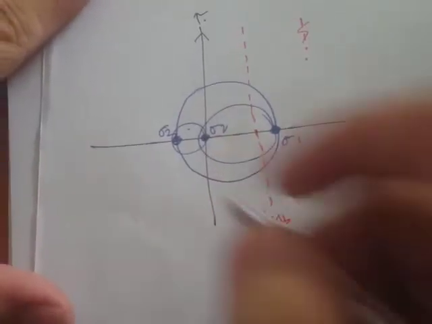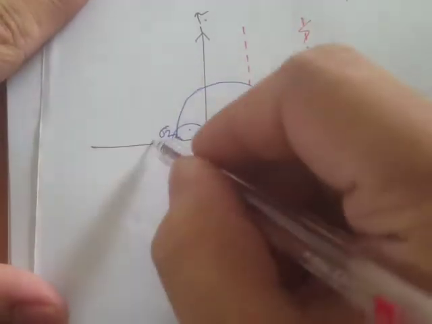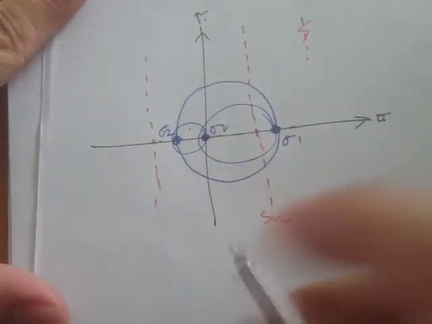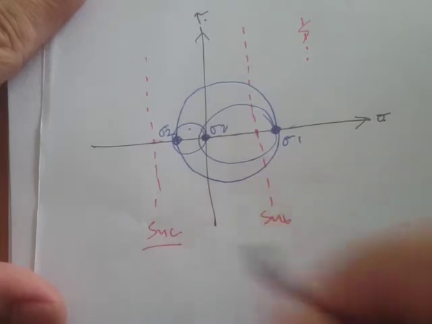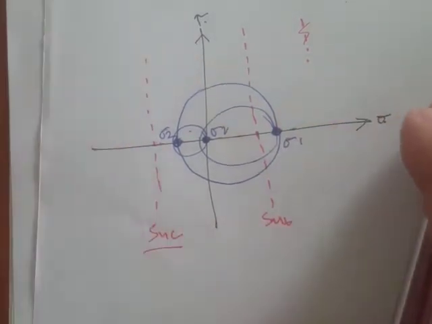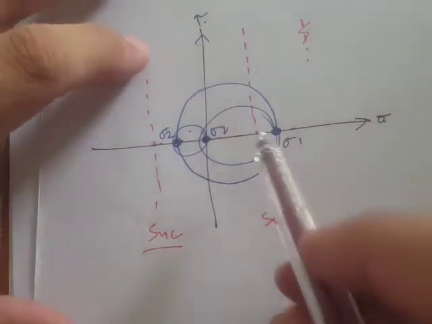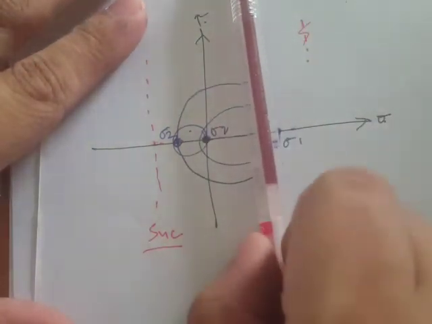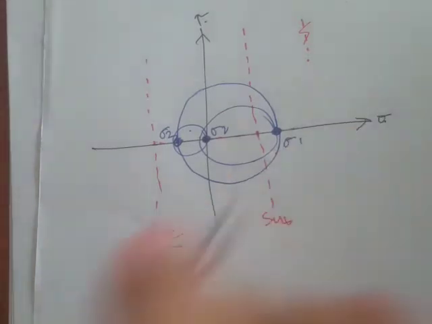So, ultimate strength in tension, and right here, if they're just the same, then this one is ultimate strength in compression. Okay, so what this theory says is that if your maximum stress is outside this boundary, then that's gonna be failure.